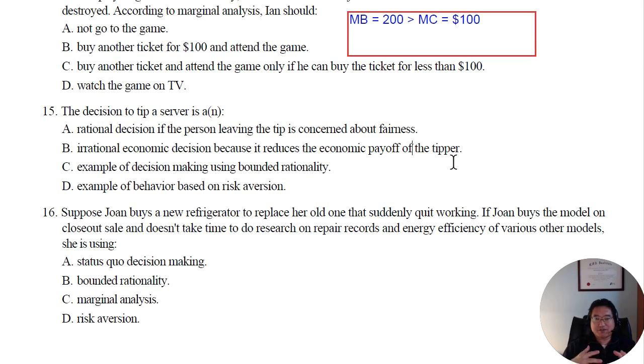He or she may feel guilty. And that can actually reduce the economic payoff. C, example of decision making using bounded rationality. This is not really the reason for tipping. We know tipping is more concerned about fairness.